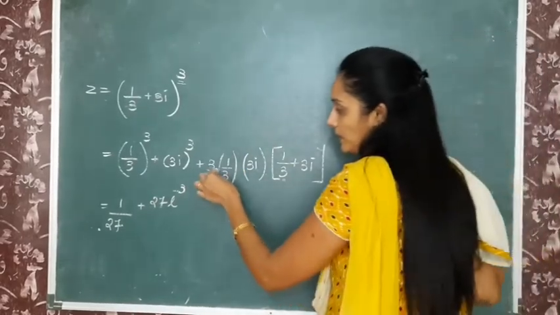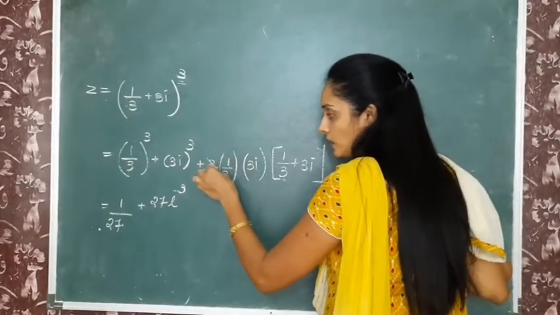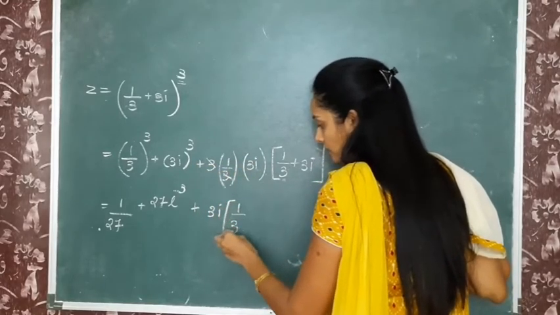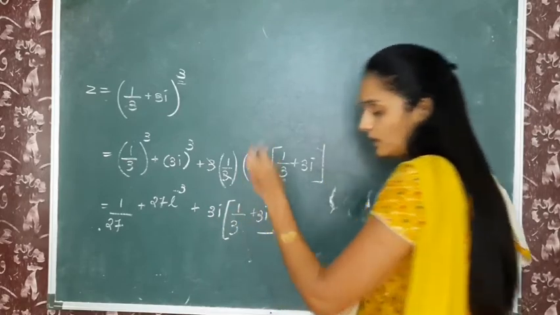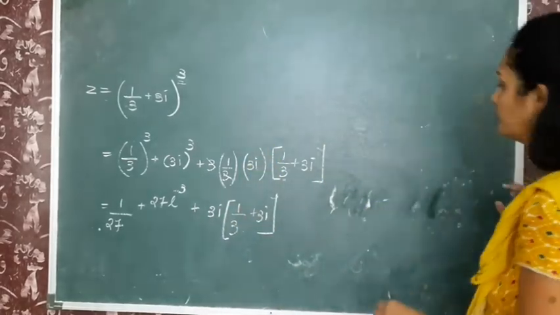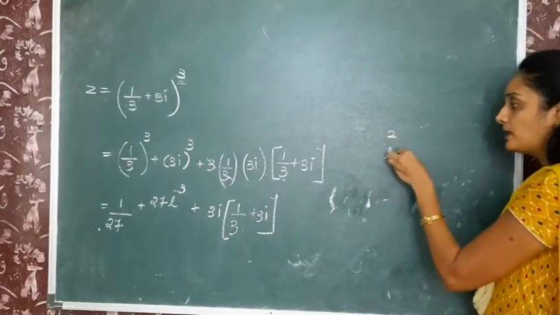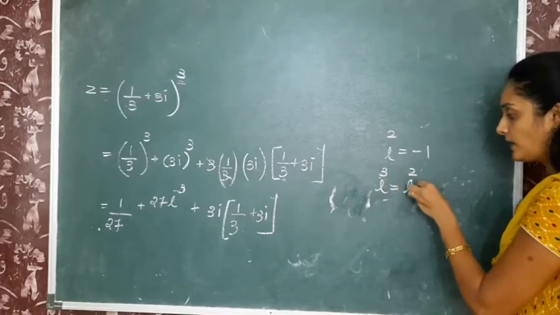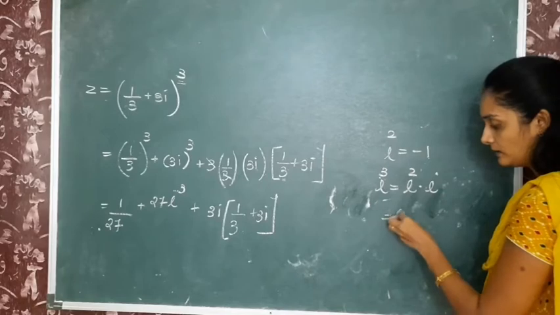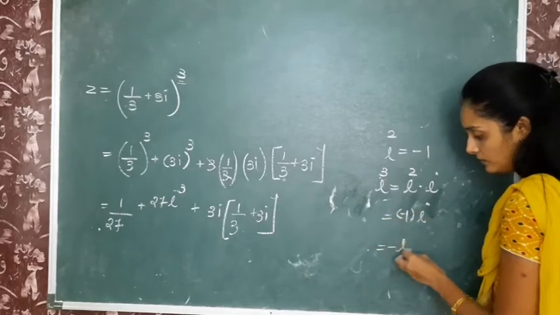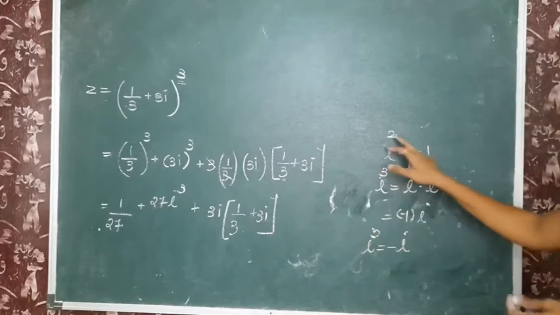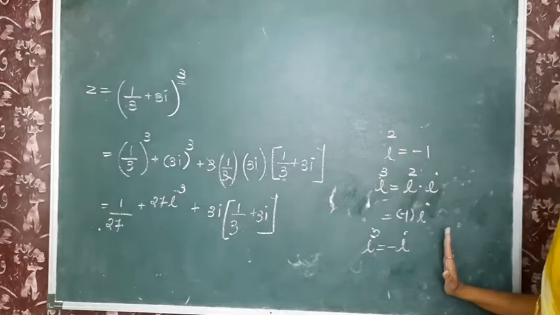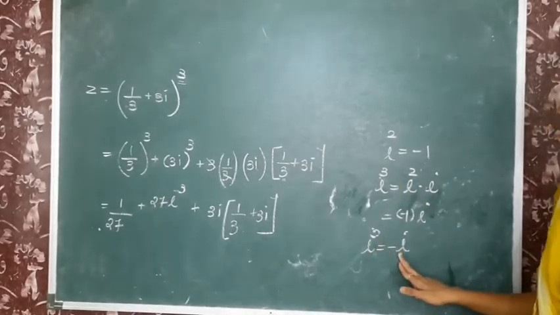Here first multiplication of these three terms, so 3 and 3 cut, so we have 3i in the bracket 1 by 3 plus 3i. Okay, now as you know i square is equal to minus 1, but i cube, so i square into i is equal to minus i. So i square is equal to minus 1. It is good to remember this value too, otherwise in the exam find it out on the side like this. i cube is equal to minus i.